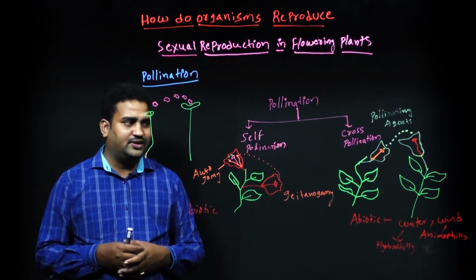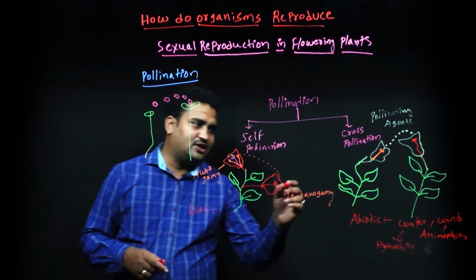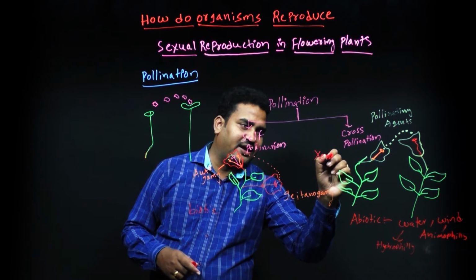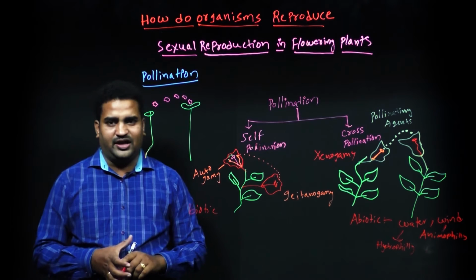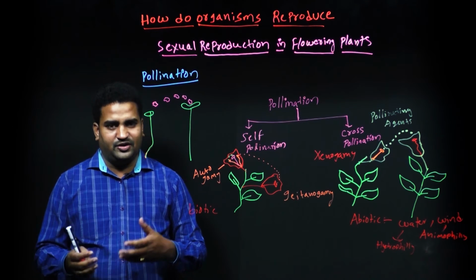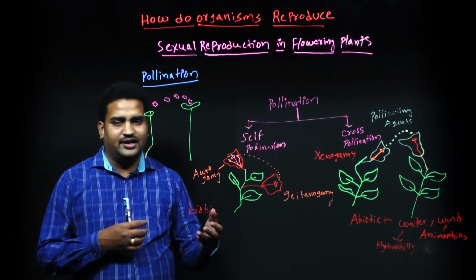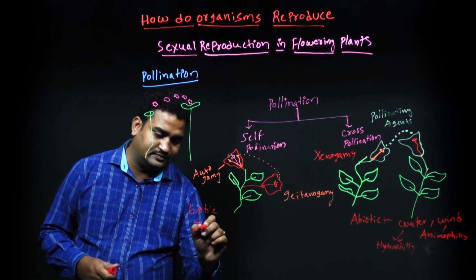So this kind is known as cross pollination, and cross pollination is also known as xenogamy. It requires agents, generally abiotic agents, water and wind. Biotic agents, mostly insects.